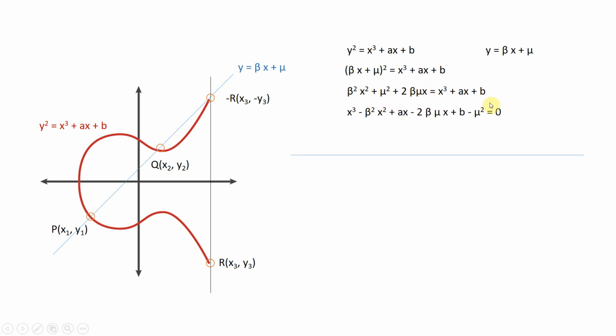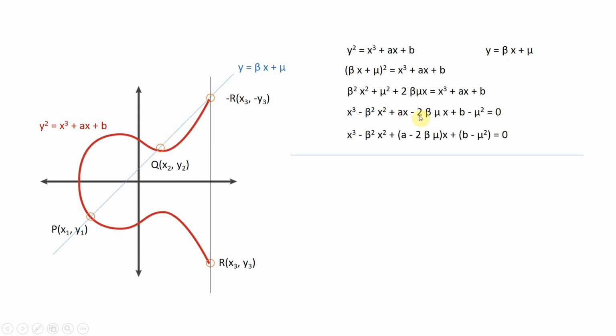Here I'm putting all terms on the same side: x to the power of 3 minus beta squared x squared plus ax minus 2 times beta mu x plus b minus mu squared is equal to 0.